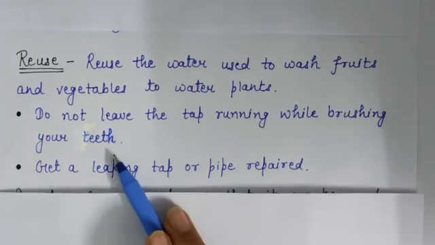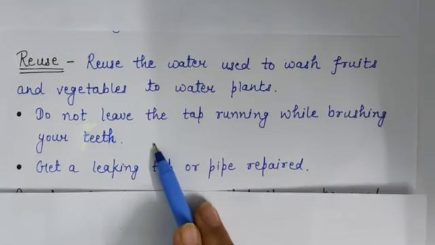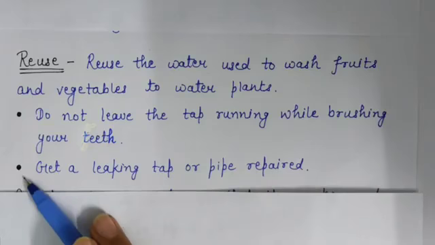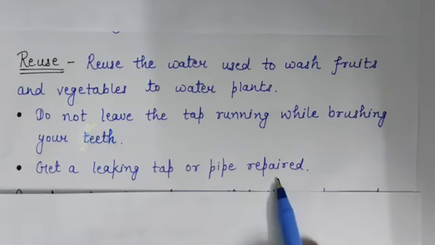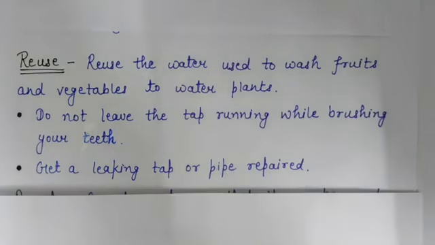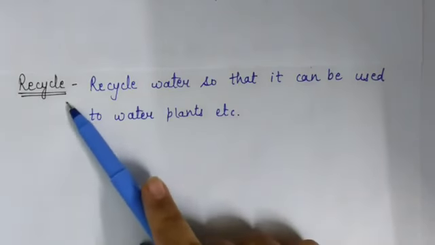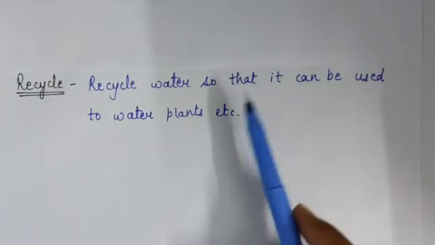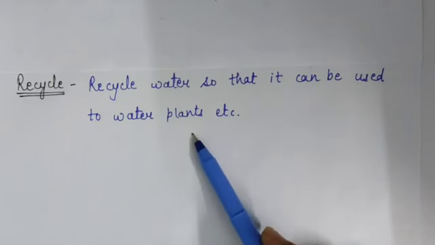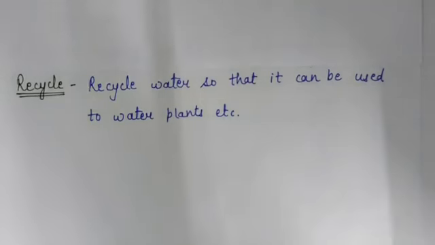Okay, because it will waste the water. Okay. Get a leaking tap or pipe repaired. Means if a pipe or a tap is leaking, then we should repair it on time. Okay. Next way is recycle. Recycle water so that it can be used to water plants. Okay. So these are some ways to save water.